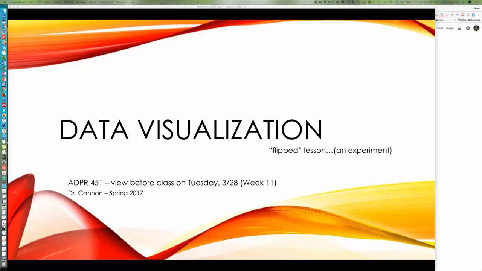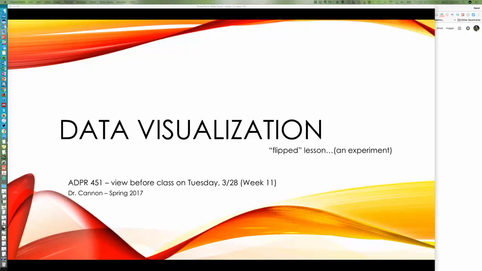As I mentioned before break, we're going to try and do this lesson as a sort of flipped lesson where you read, although I don't know that you have a reading this week. We've already started talking about data and visuals a bit. You've already had a quiz on that.